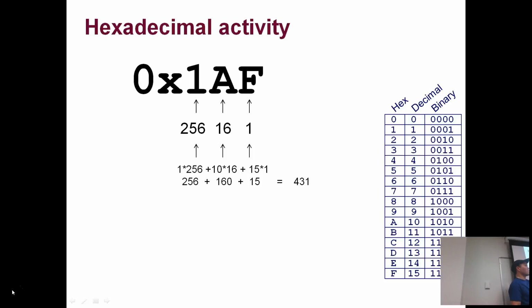That's why there are only 3 digits. The fourth hexadecimal position would be 16 cubed, which is 4096. Sorry, the next one over is 65,536. It gets high fast.